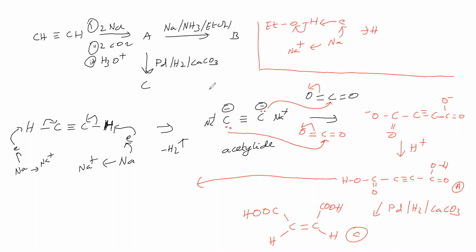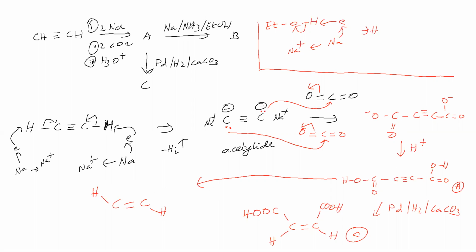Sodium in liquid ammonia converts the C≡C triple bond into a C=C double bond. This nascent hydrogen is adding to this carbon, and to this carbon. So here one hydrogen is added, here one hydrogen is added.